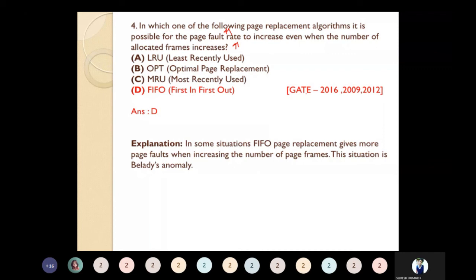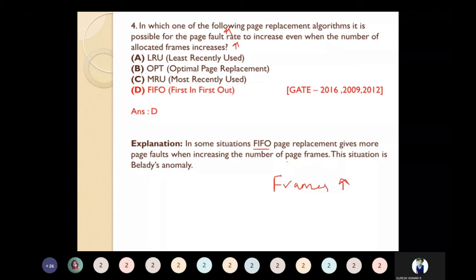Okay, so there are many methods. If you solve the FIFO method in the page replacement algorithm, the page faults increase when the number of page frames increases, that is 4 to 5, 5 to 6.